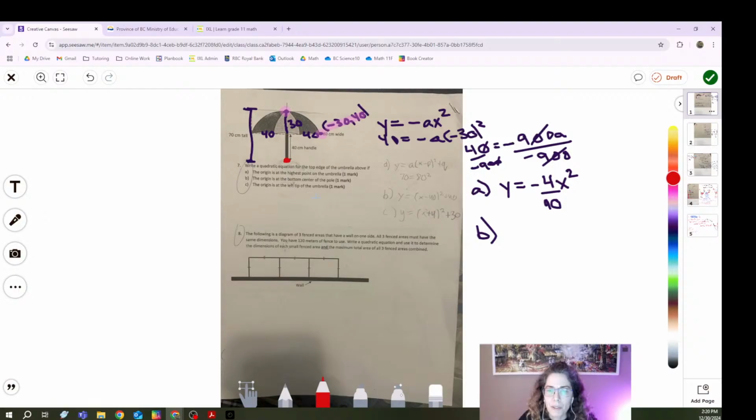Well, this whole unit is a parabola. So my guess is we need a parabola. The only shape we're going to get from a parabola is this umbrella. So my guess is yeah, we're just shifting this entire umbrella down here now as an origin. Which means if this has come down, it's still opening downwards. It's still going to be that negative ax squared.